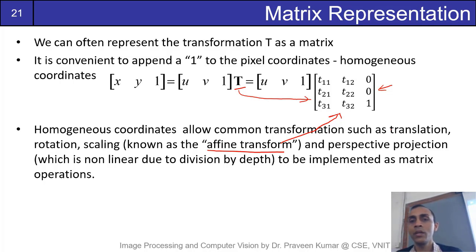All those types of transformation can be represented in this way. The last row will be 0, 0, 1, and you will have some values here. I will show what these values are for different operations. So if our transformation matrix takes this type, we know this is an affine transformation.